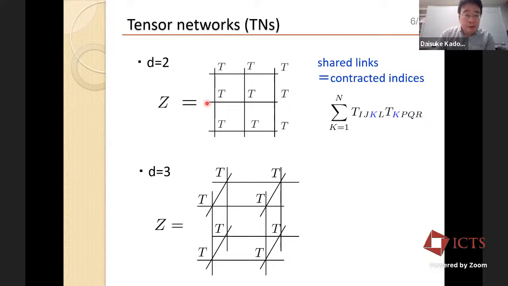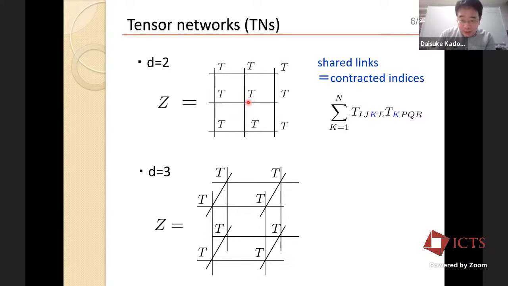And these two are the same under the periodic boundary condition. So if the lattice volume is 3 squared, the partition function is a 3 by 3 tensor network.